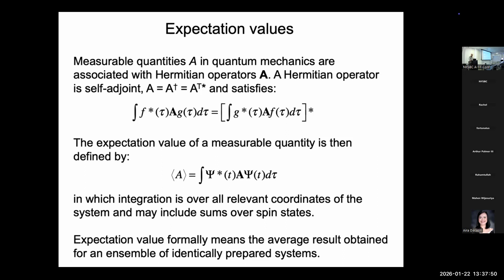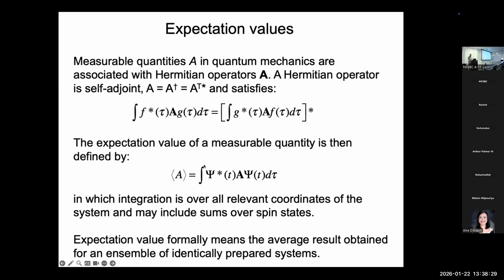A Hermitian matrix has the property that it's equal to the transposed complex conjugate of the matrix. So that's indicated here. It's the same thing as this integral, but the integral is more complicated, so you can forget about it. If we have a matrix representation of an operator and its complex conjugate transpose is the same as the operator, that means it's Hermitian. And we'll see examples of both.